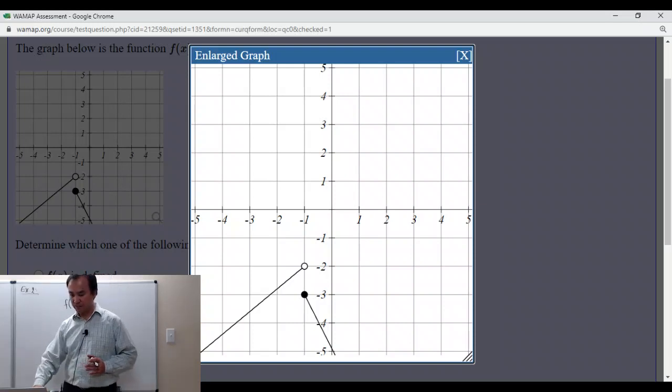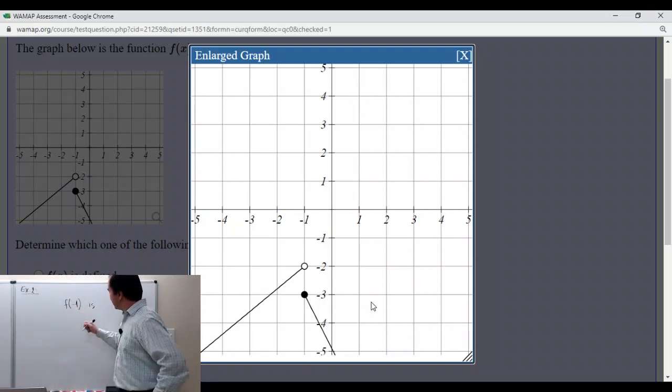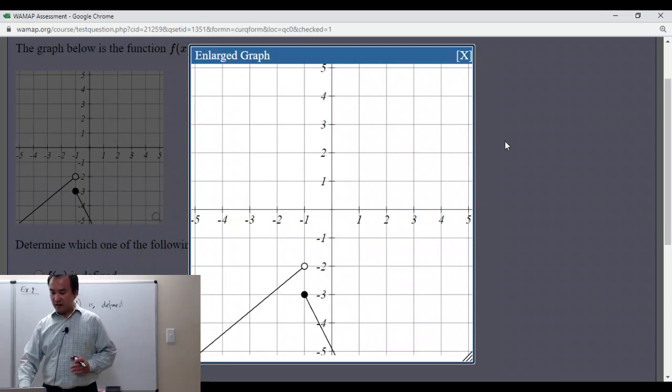You can see that right here, this solid dot on the piece of the graph. Even though the graph itself is a piecewise function, when x equals -1, we do have a solid point. So that means f of -1 is defined. I don't even need to worry about what the output value is, but now I can guarantee that f of -1 is defined.